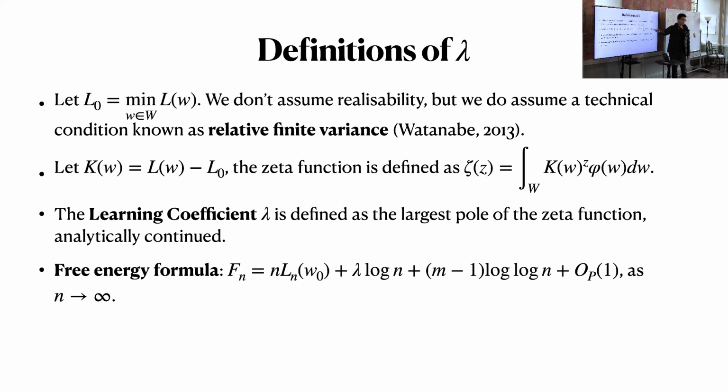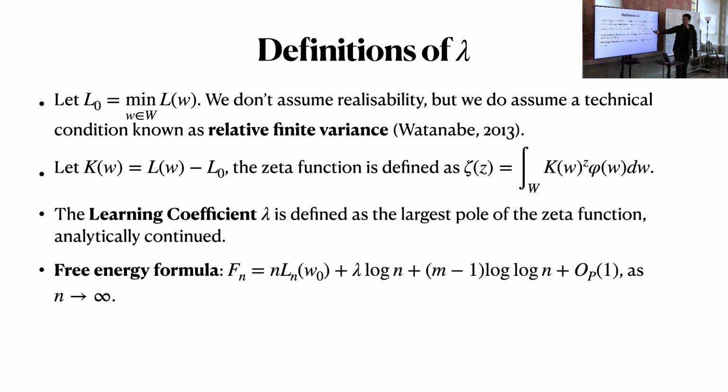So for negative real part, on the left half plane, the zeros of K start to be a problem, right? When we actually attain the minimum of L, of our potential, when we are actually starting to get close to good solutions that is as close as possible to the true distribution, that is starting to become a problem.